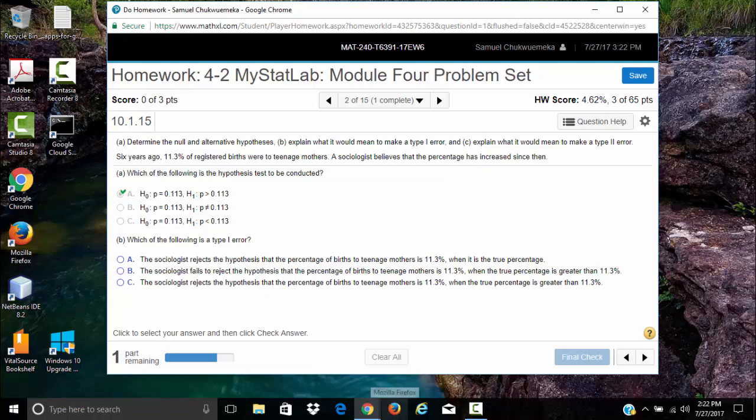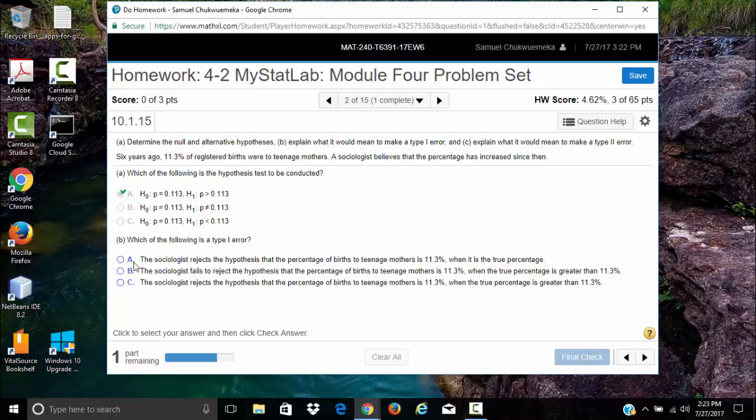Remember, our default is the null. So type 1 error will be that the null is actually true, the population proportion is 0.113, and you reject it. That is the type 1 error.